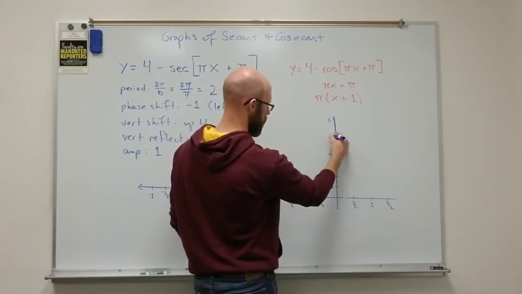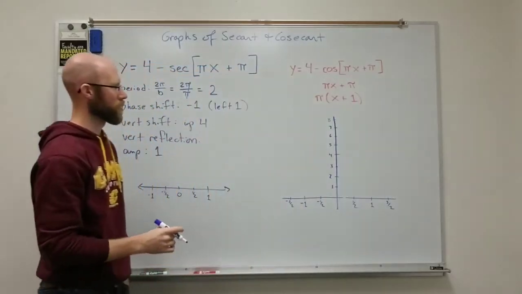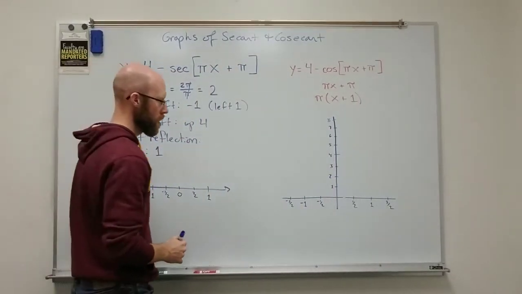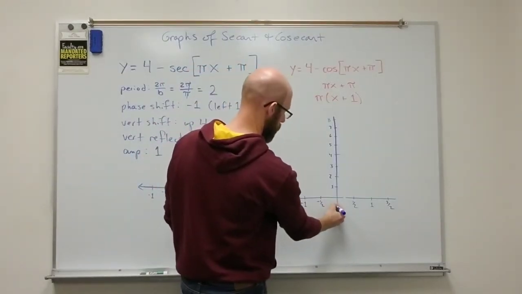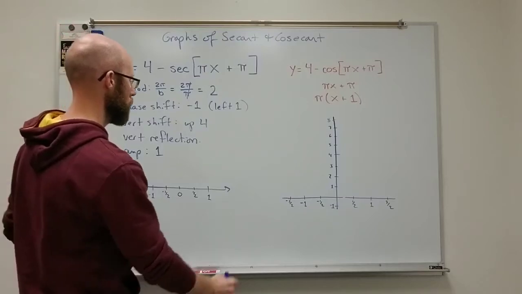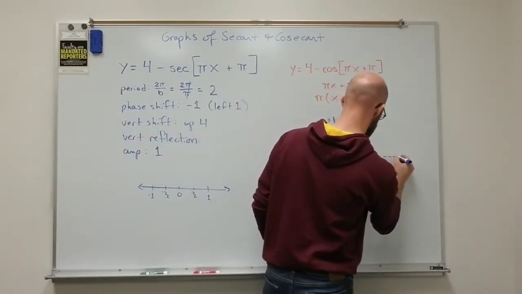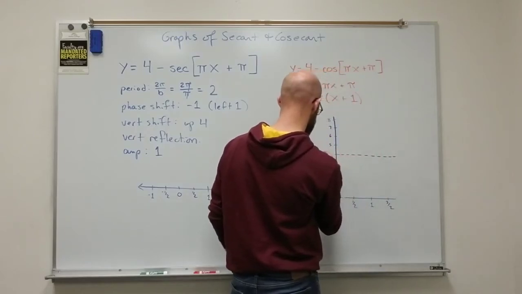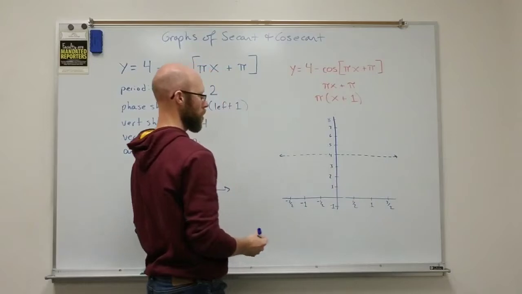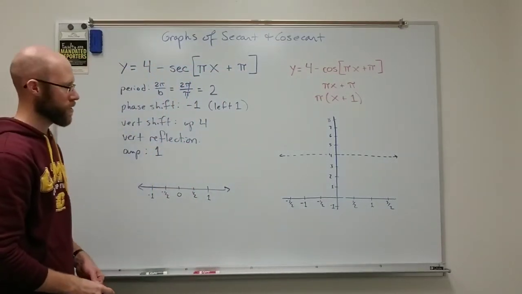And I'll chop this down to get all my other points. So there's 1 through 8 on the vertical axis. Yeah, I'll throw -1 on there just to fill in some space. Then put my dashed line across at 4. So that's sort of the middle axis of the graph. It's going to be going around that axis.